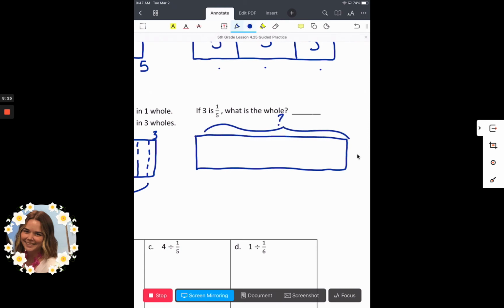So if we don't know what this is, we divide it into fifths, and 3 is one of those, so that means that each of those is equal to 3. We can count by 3s, 3, 6, 9, 12, 15. And we still get 15.